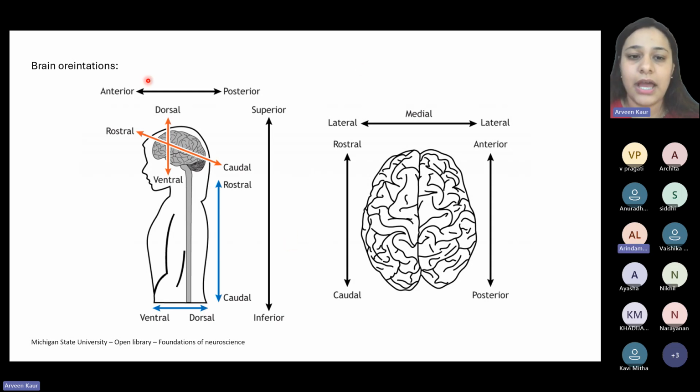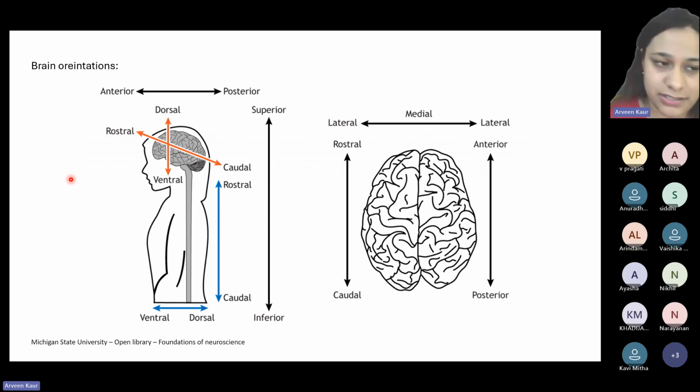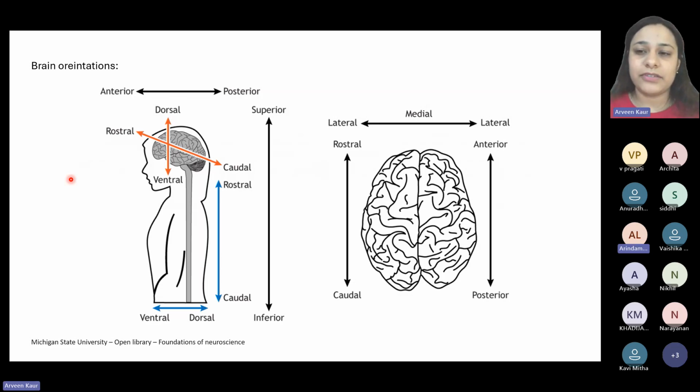Then there are some other terminologies that we can discuss, say dorsal and ventral, right? So dorsal and ventral is similar to superior and inferior in case of the brain, right? And when these two terminologies came into existence, we were not actually bipedal animals, right? So, for instance, if you talk about a dog or a cat or any animal that is not bipedal, in them, the dorsal side always represents the side that is facing the sun, and the ventral side is always the side that is facing the earth, or facing away from the sun, right?